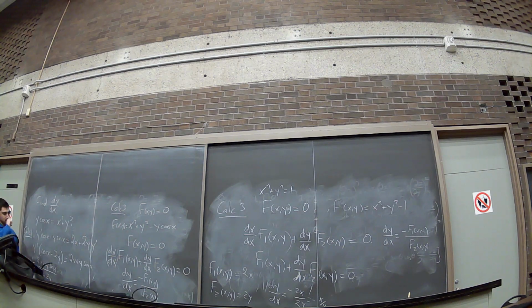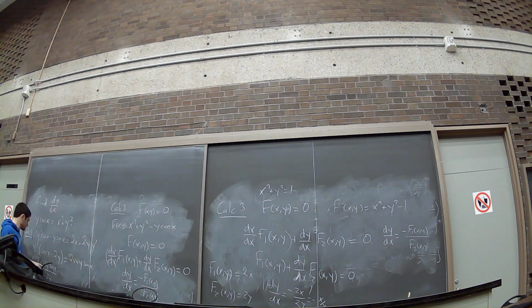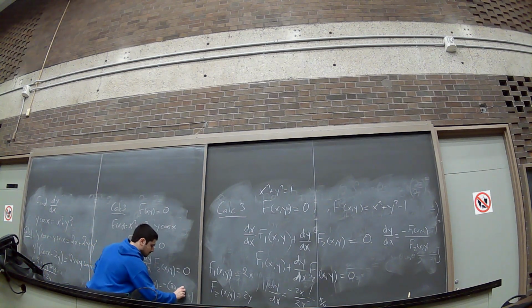What is f1? What is the derivative of f with respect to the first argument? 2x, right? Plus y sine x. Oh, wait a minute. This is this term. You see that? It's minus 2x plus y sine x.